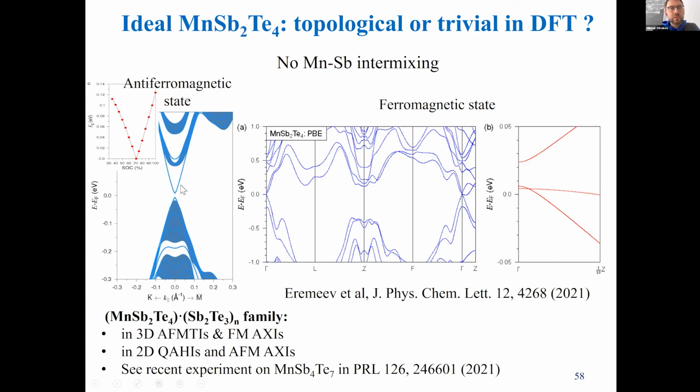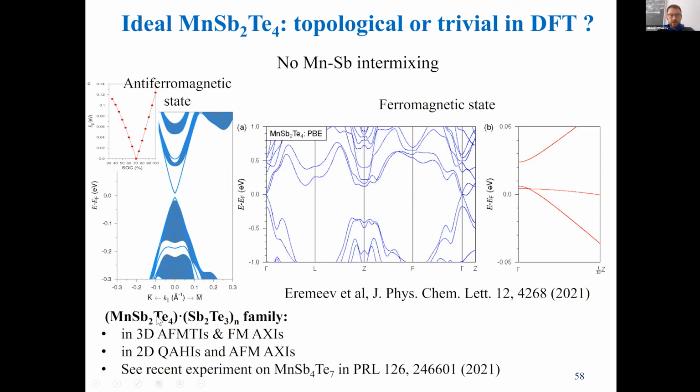There is a topological surface state. It is split because this is the 0001 surface. It is symmetry breaking. There is a non-zero magnetization from manganese, etc. While the ferromagnetic state is a Weyl semi-metal. You see, there is no gap. There is a crossing and Weyl point along both gamma plus Z and gamma minus Z, which is not shown.